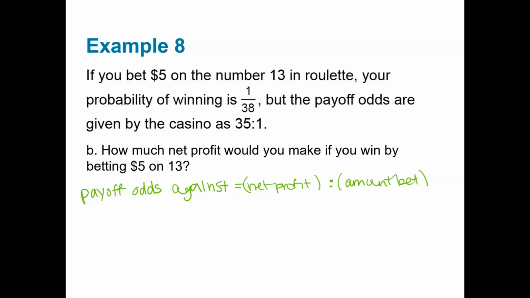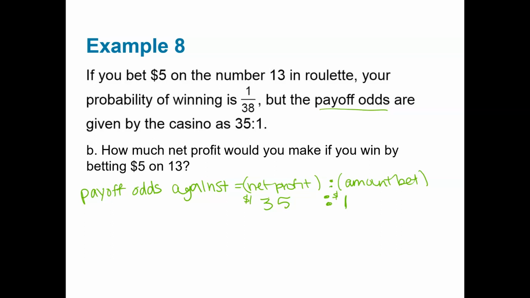So what are the odds that the casino gives? The casino gives the payoff odds as 35 to 1. That means it would be $35 for every $1 bet.